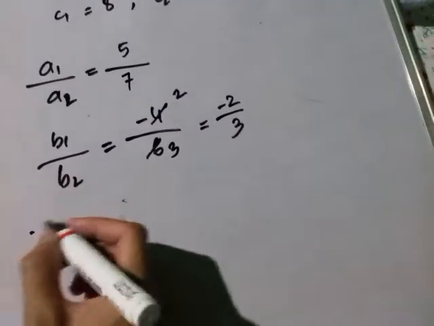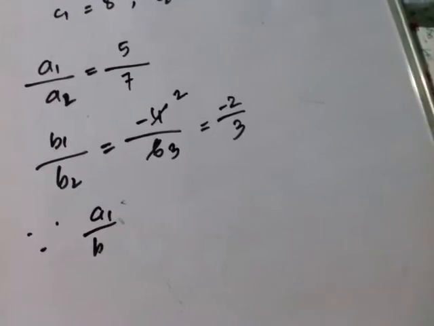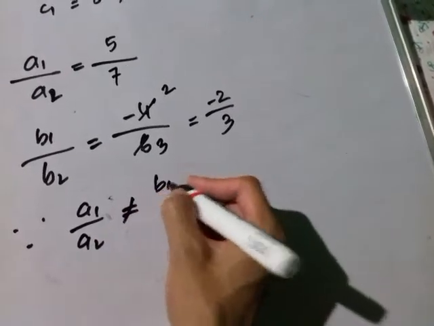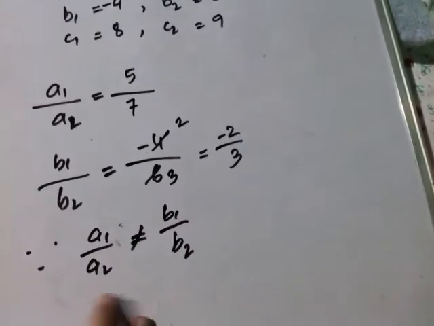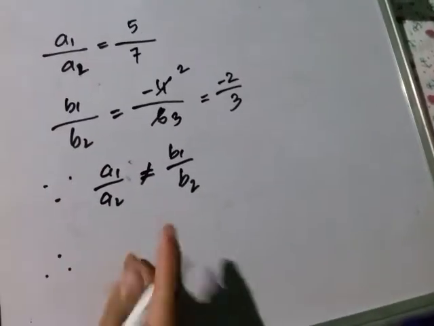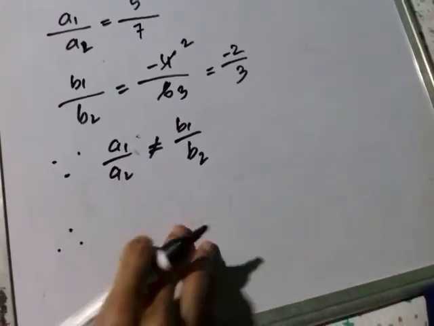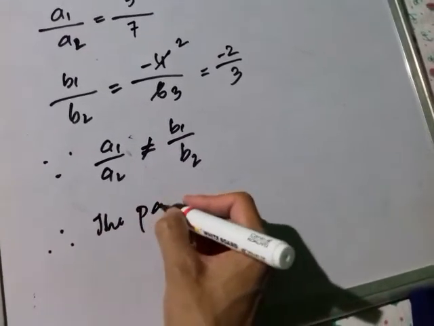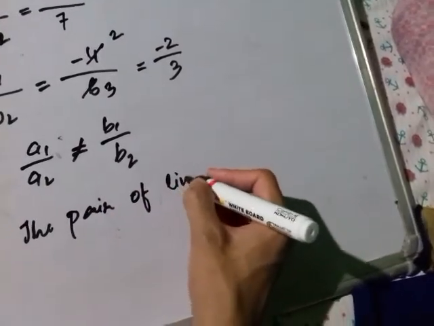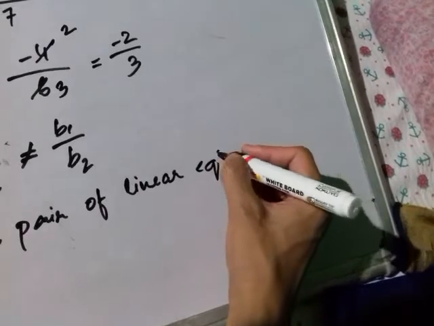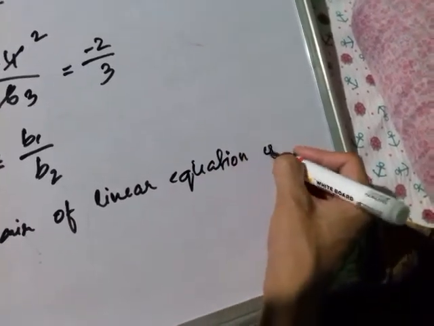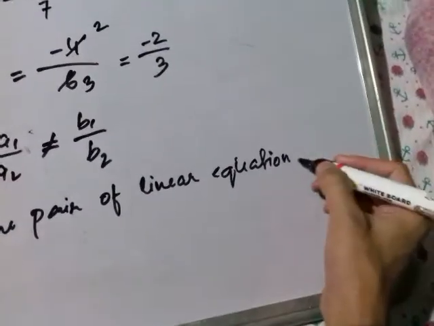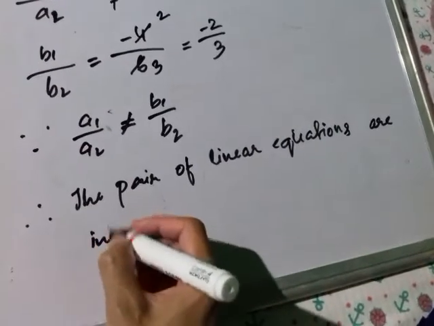Since a1 by a2 is not equal to b1 by b2, therefore it will be intersecting lines. So you will write: the pair of linear equations are intersecting lines.